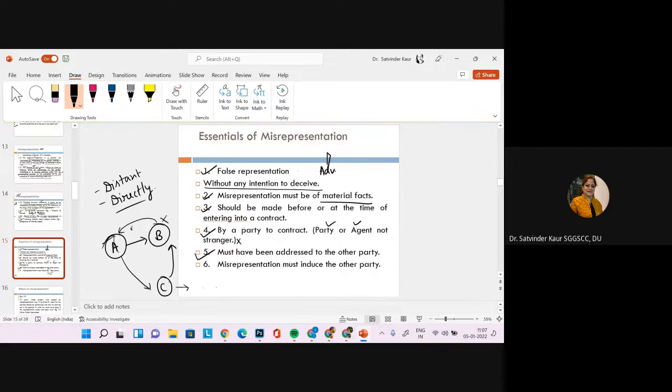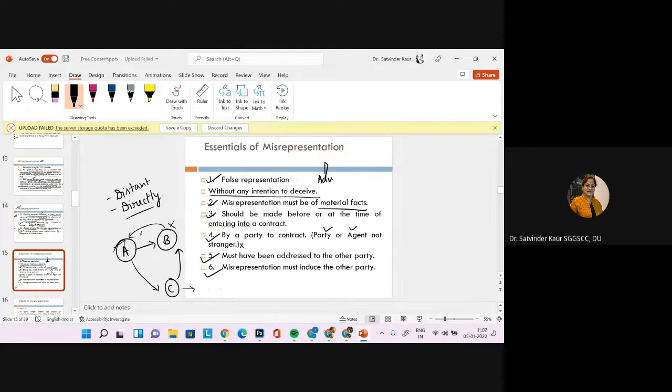So there is going to be a valid contract. It will not be covered under the concept of misrepresentation. Then it must have affected your mind. It must have given you the possibility on the basis of which you have entered into the contract.